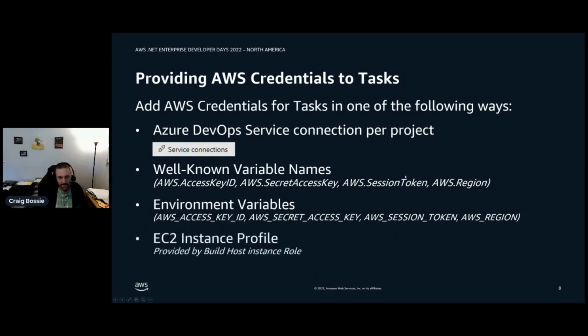And finally, if you're hosting your build agent in an EC2 instance in AWS, you can just assign a role to that instance. Then the build and deploy processes that are launched by the AWS Toolkit for Azure DevOps will use the permissions from the instance profile to interact with AWS services.